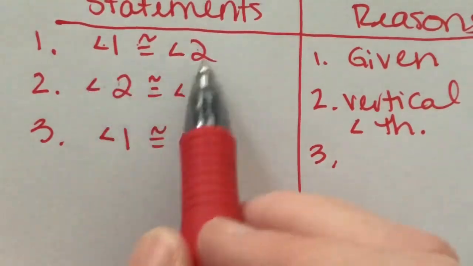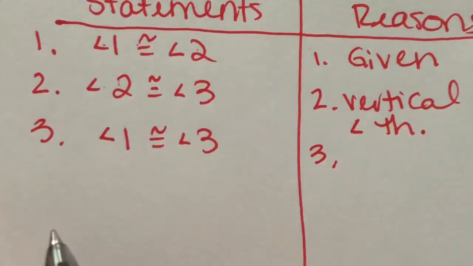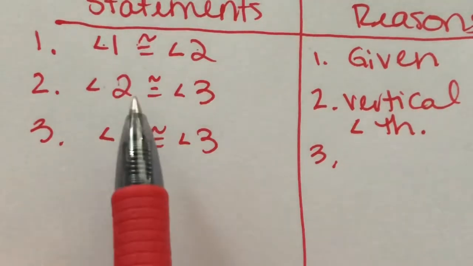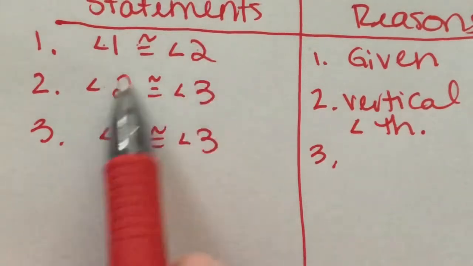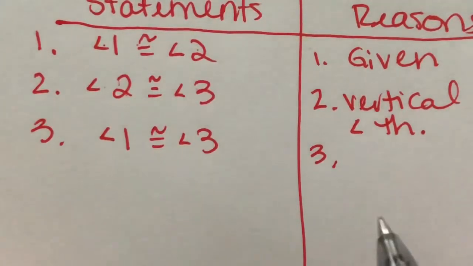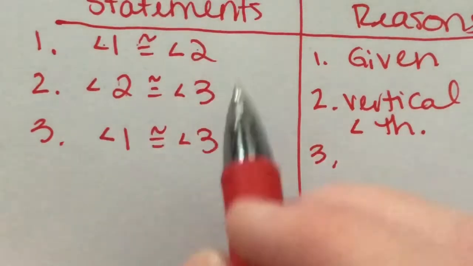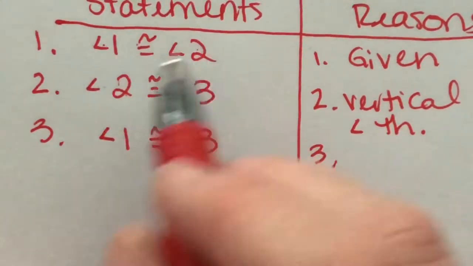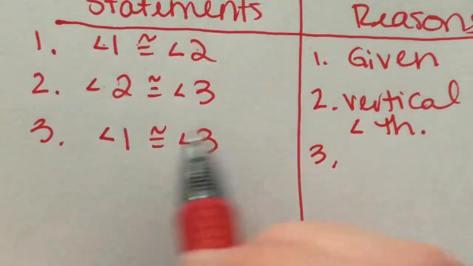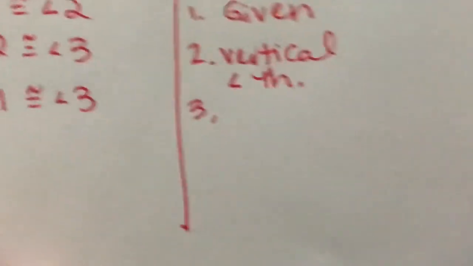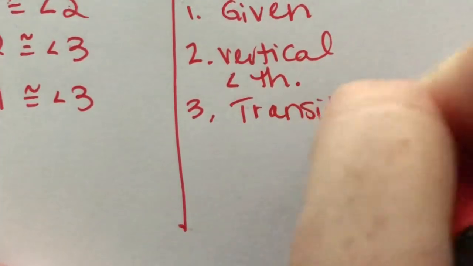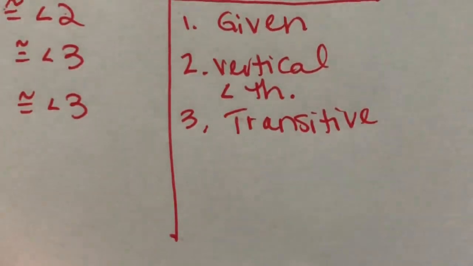So the 2's are in the middle. And I can just cut out the middleman and say that 1 is congruent to 3. That's the transitive property. If I had flipped anything, if these 2's weren't back to back, then it wouldn't be the transitive, it would just be substitution, and that's fine. But in this case, how I wrote it, 1 equals 2, 2 equals 3, the 2's are in the middle, so I can get rid of them and say 1 equals 3. Then this is transitive. Saying the same thing as substitution, it just depends on the order, right?